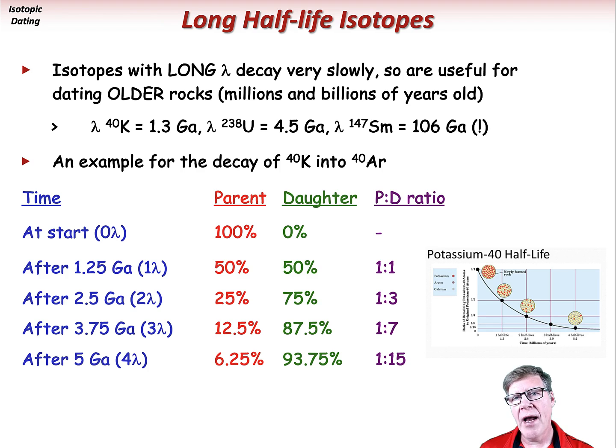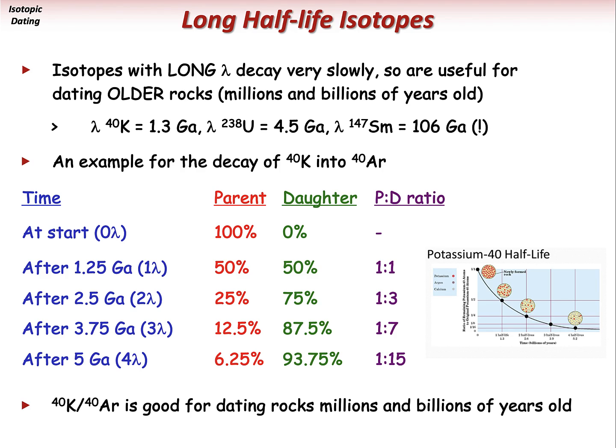And after 4 half-lives of decay, 5 billion years have gone by, and we're down to a little more than 6% of the original parent isotope, potassium-40, and we've built up almost 94% of the daughter, argon-40. So you can see that due to its long half-life, potassium-40 is good for dating rocks that are millions or even billions of years old.